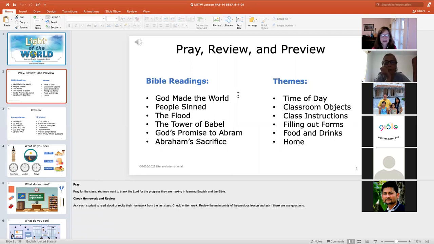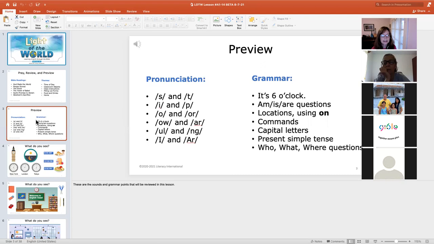So everything from God made the world to Abraham's sacrifice, and our themes. You can see all of our themes here: time of day, classroom objects, etc. The next slide shows us the sounds, the pronunciation sounds we're going to be practicing, and also the grammar that has been learned so far in these lessons.